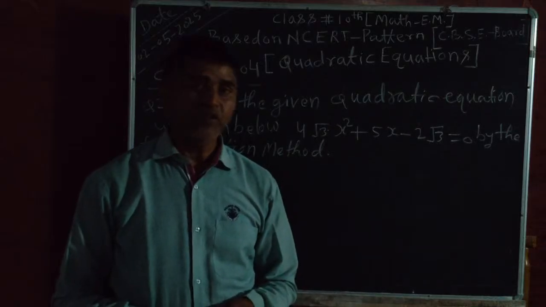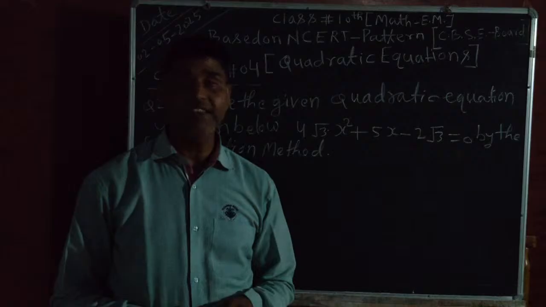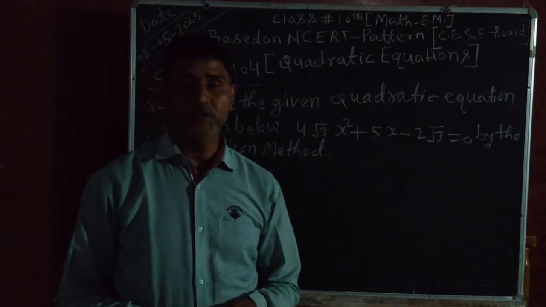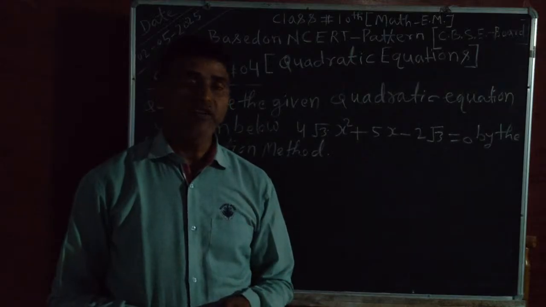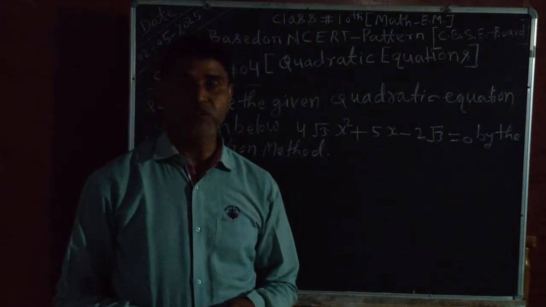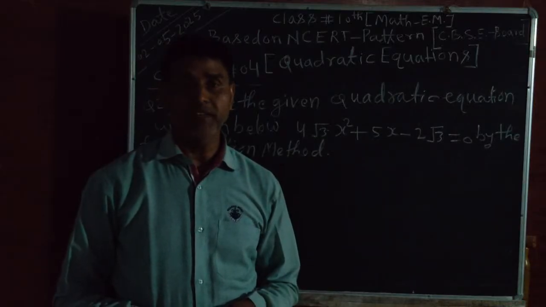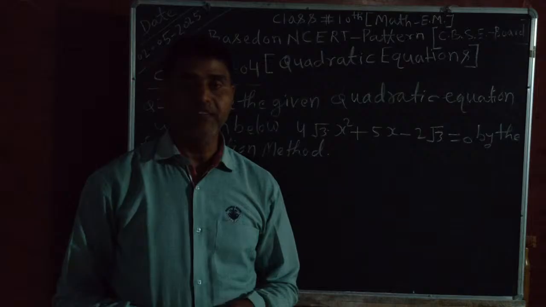So first of all you have to write the given quadratic equation, and then you also have to write the general quadratic equation, and then you have to get the value of the magnitude of a into c, and after getting it you have to make that number into factors.